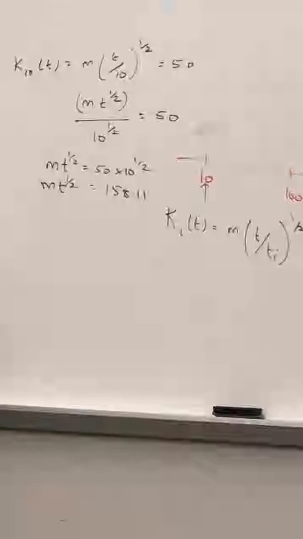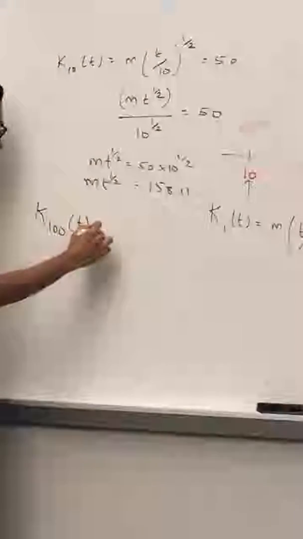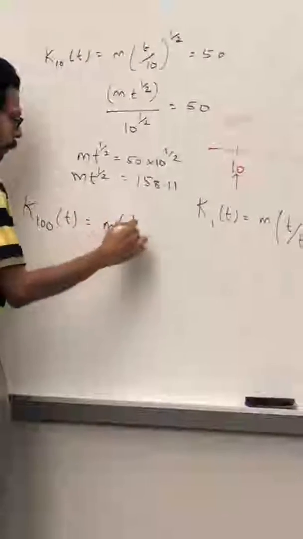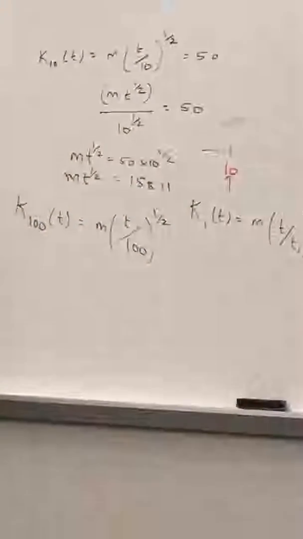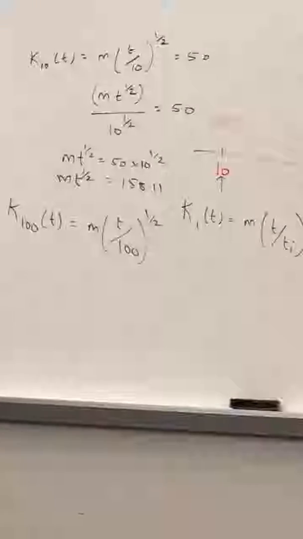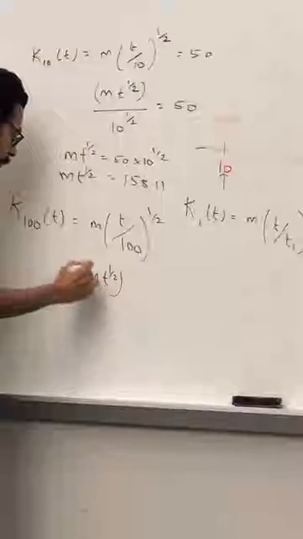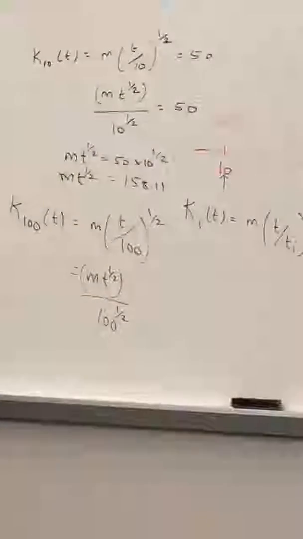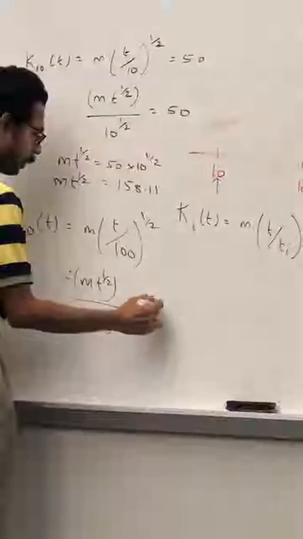The second thing we want to find is this, and the formula for this is m times t over 100 raised to half, where 100 is the joining time. Again, this m times t to the power half is the unknown term. We can combine them together like this, and this is 158.11 in the numerator.